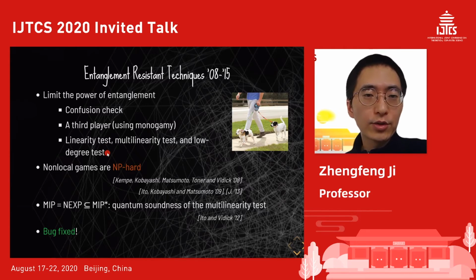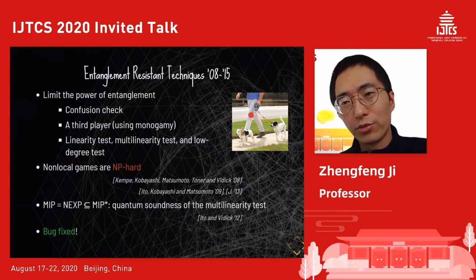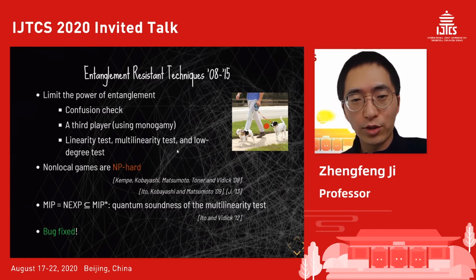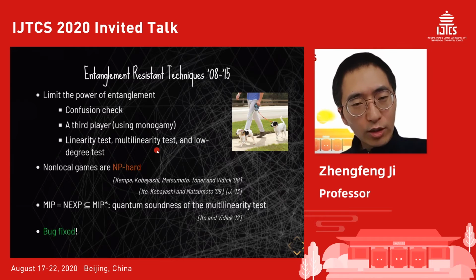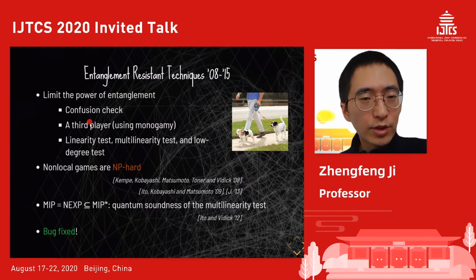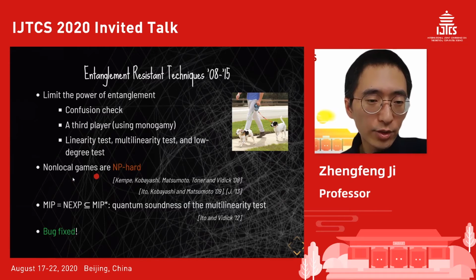That's a picture that shows that you can design some constructions on the prover side so that entanglement isn't really an issue. Using these so-called entanglement-resistant techniques, we can show a lot of results, such as non-local games being NP-hard. Previously we were not even able to do that.